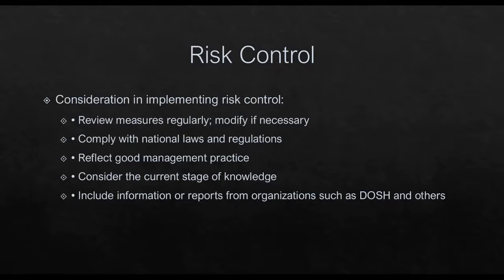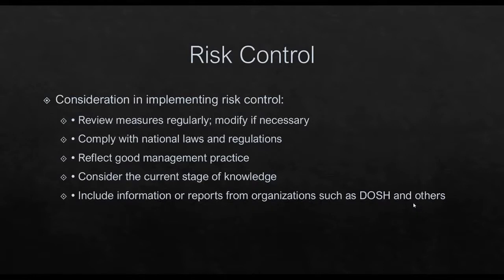So maybe even though we have already implemented the risk control before, the incident still occurs. Maybe that control is not suitable to control that risk, so we have to consider another type of risk control. So include information or reports from organisations such as DOSH and others.